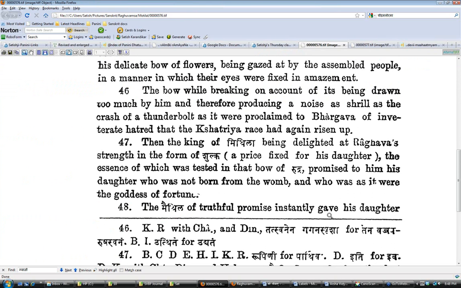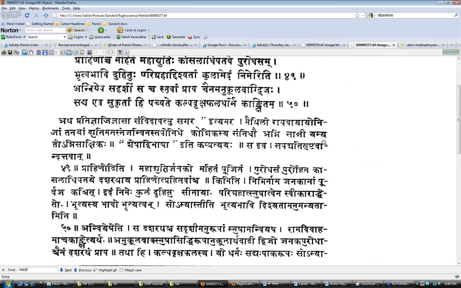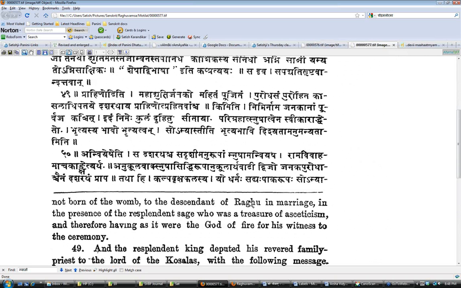Gave, Raghava. Atisrishtavan. His understood. Daughter is tanayam. And then next, not born of the womb, ayonijam. To the descendant of Raghu, Raghavaya.